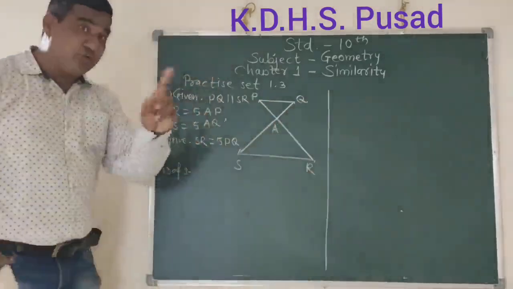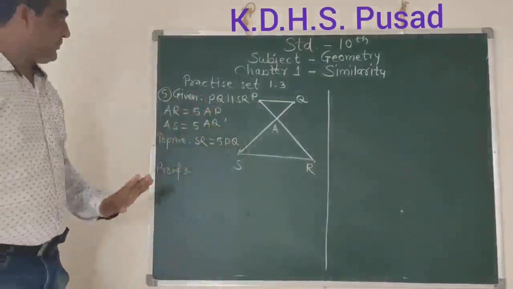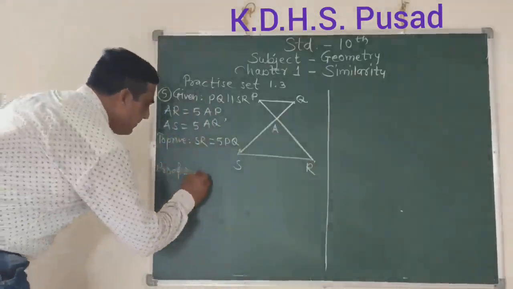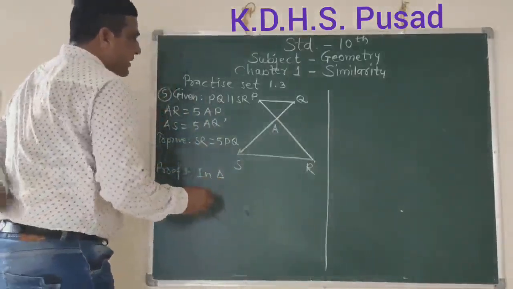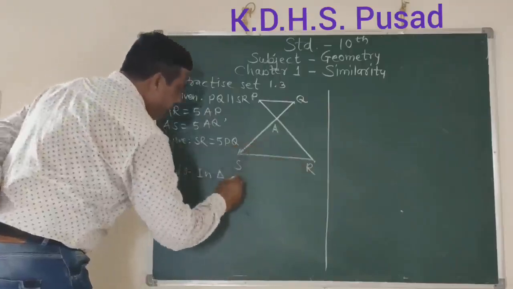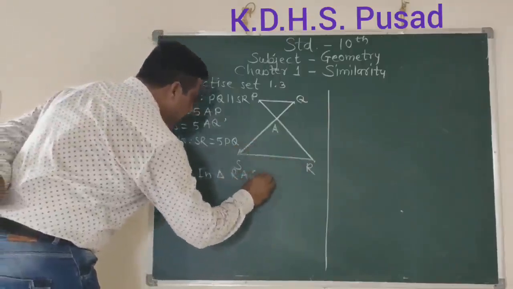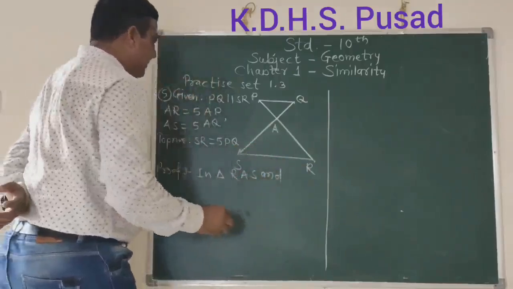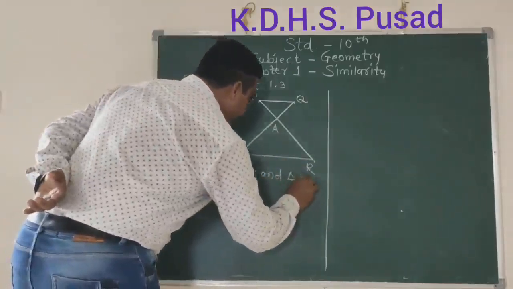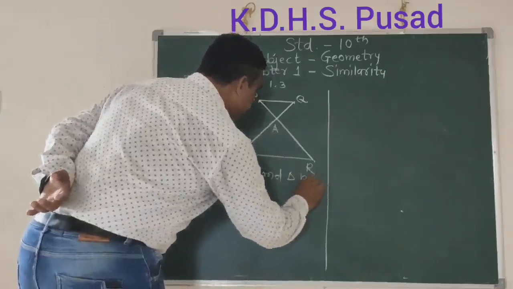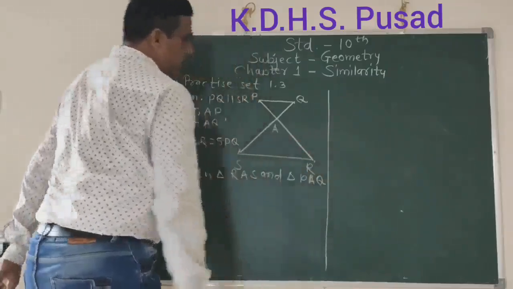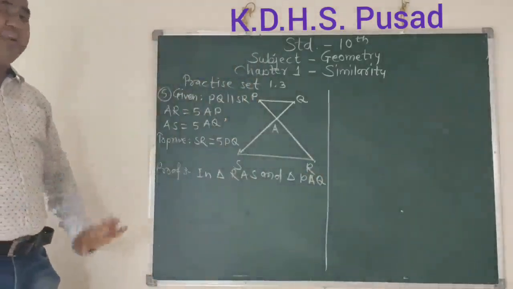In the same way, you have to solve question number 6 also. In the same way. Okay. So here, in triangle RAS and triangle PAQ, now prove similarity in these two triangles.